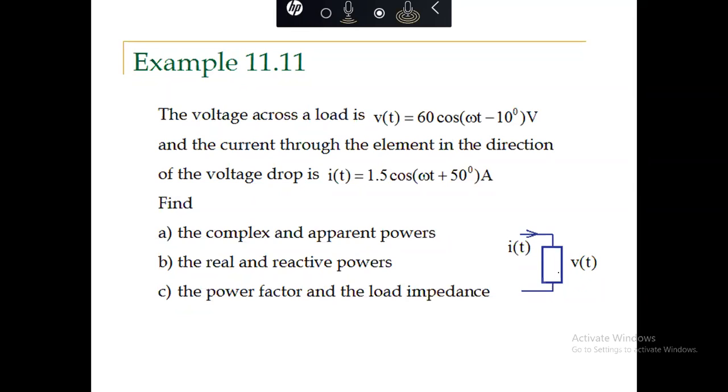We have to calculate the complex and apparent powers, real and reactive powers, power factor and the load impedance.